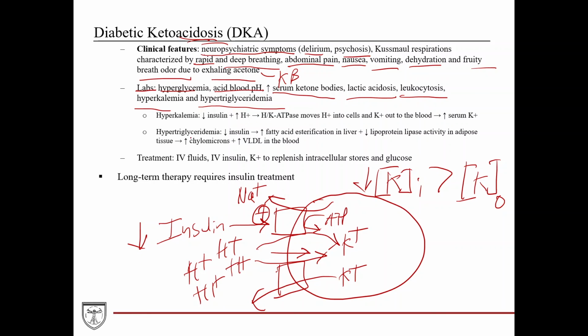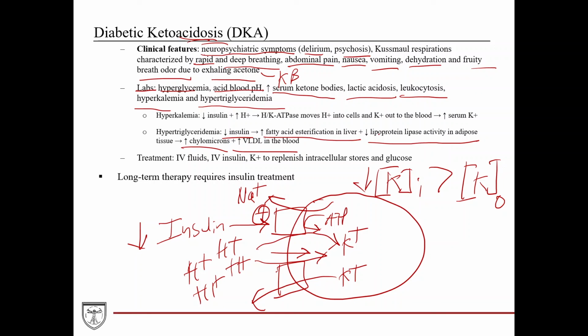As far as hypertriglyceridemia, again, they have decreased insulin, so they have increased fatty acid esterification in the liver and decreased lipoprotein lipase activity in adipose tissue. Remember, this is an enzyme that breaks down triglycerides so that they can be used as fatty acids. Since you're not breaking them down, you're going to increase the store of them. So you have increased chylomicrons and increased VLDL, so increased triglycerides.